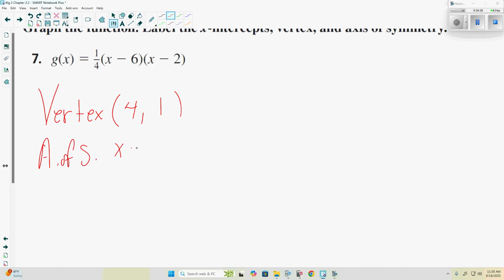Axis of symmetry would be x is equal to 4. And our x-intercepts should be the points 6, 0, and 2, 0.